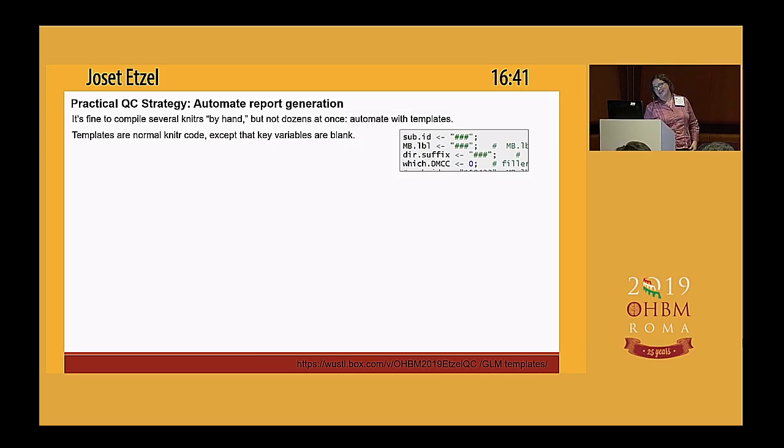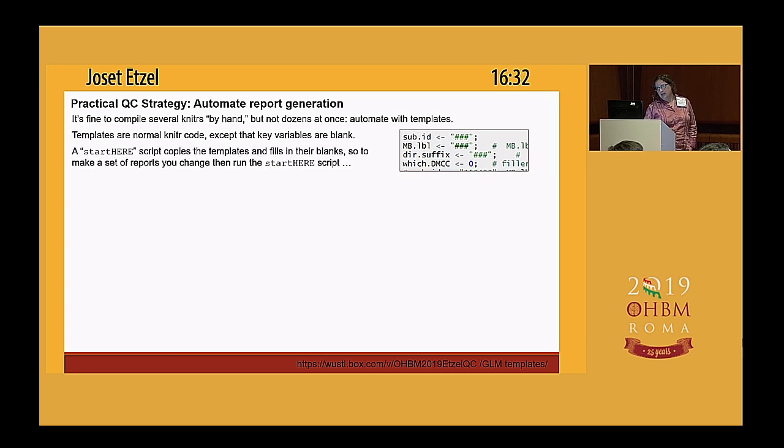It's a standard thing. So to make those standard, I make a knitr template, except I have these key variables, subject IDs and stuff blank. And then I have a script that I wrote, start here, and there's an example of this in the directory. So the RAs, or even the undergrads, can do this with a smidge of practice.